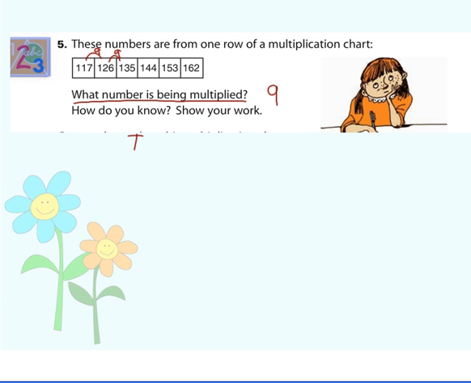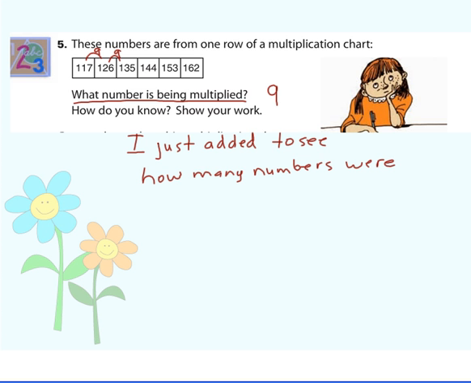How do you know? Well, I just added to see how many numbers were between each number in the chart.